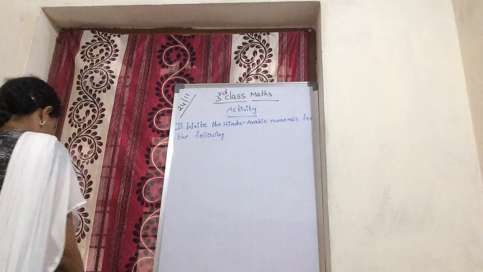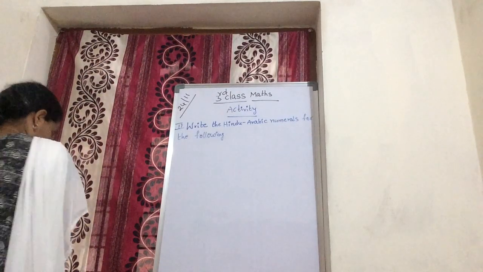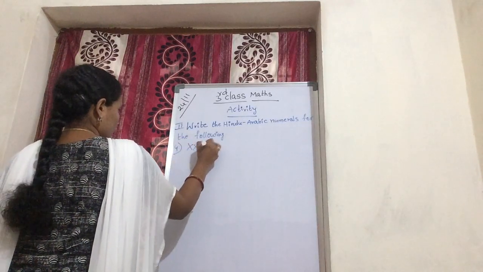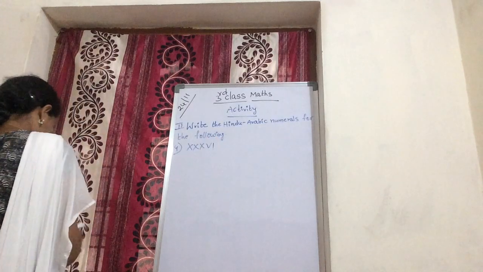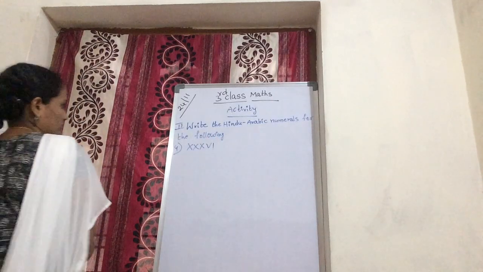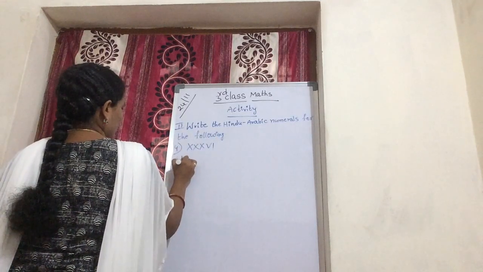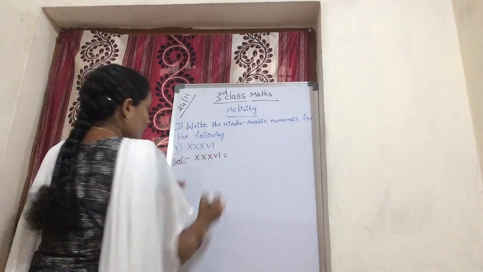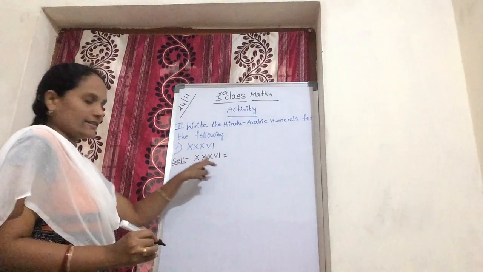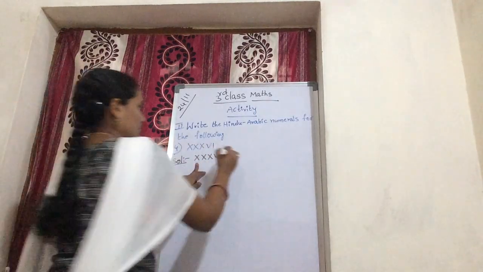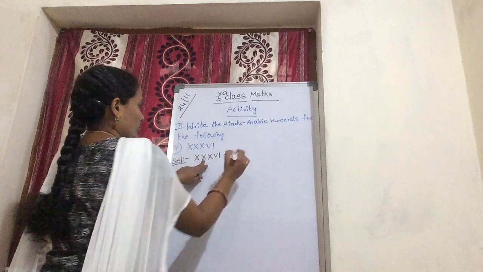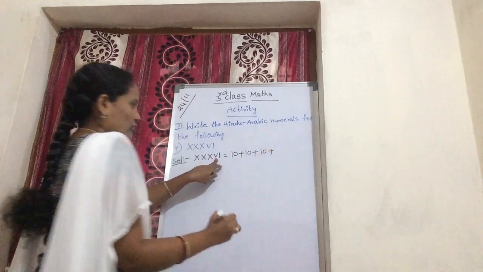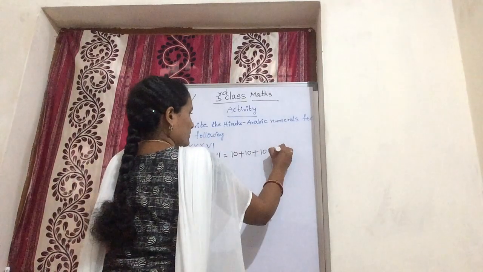Now next one. So XXXVI. X for 10 plus again X for 10 plus again X for 10 plus V for 5.